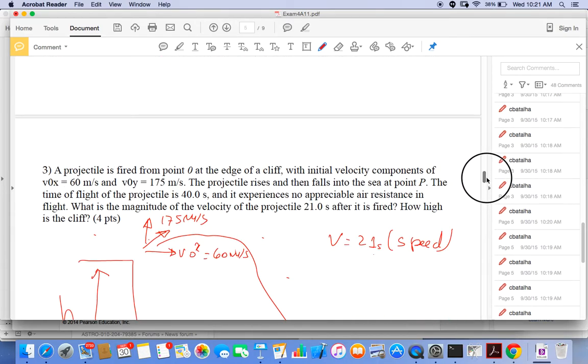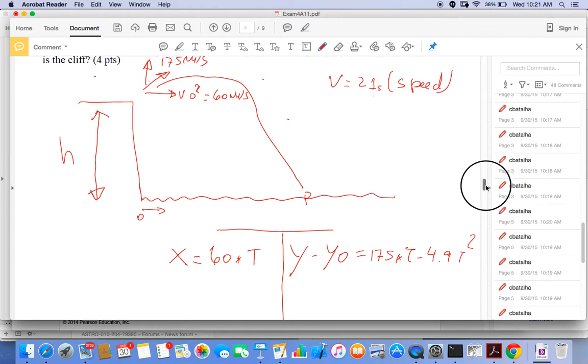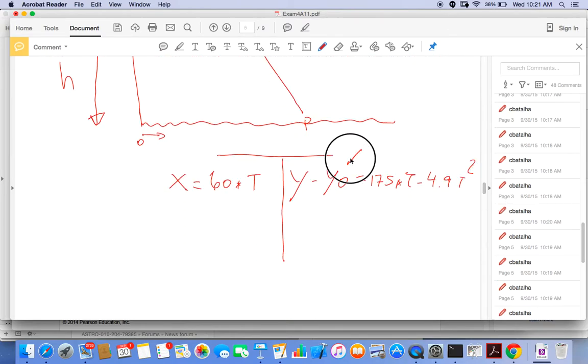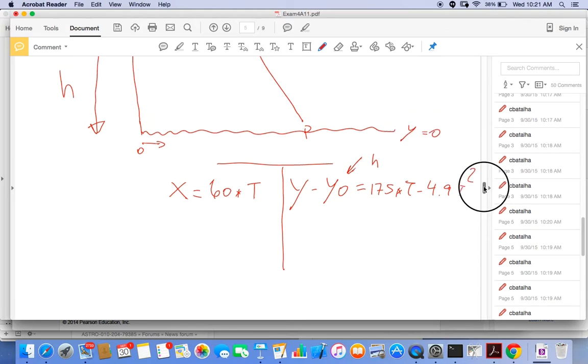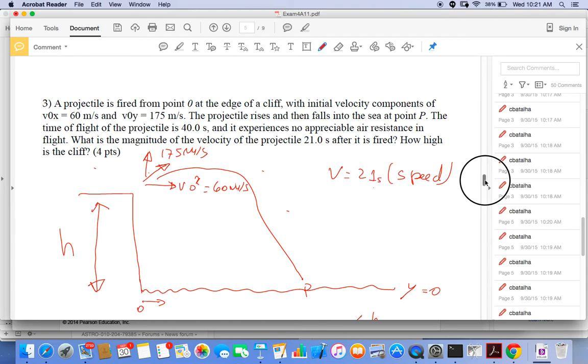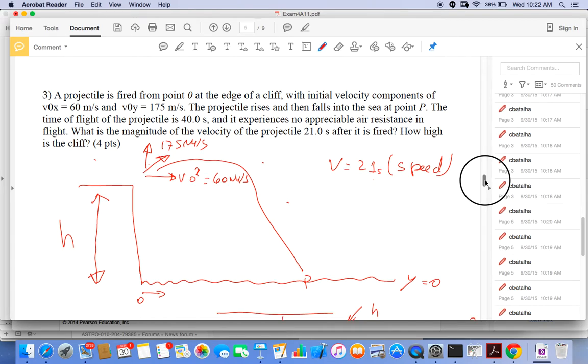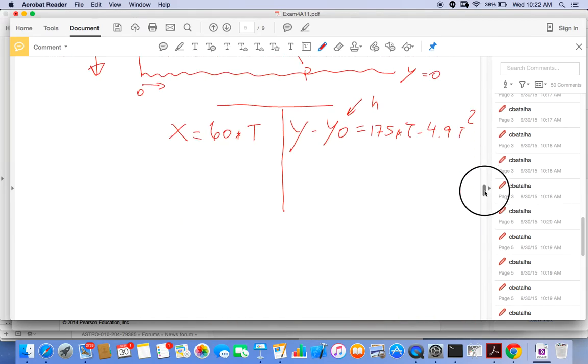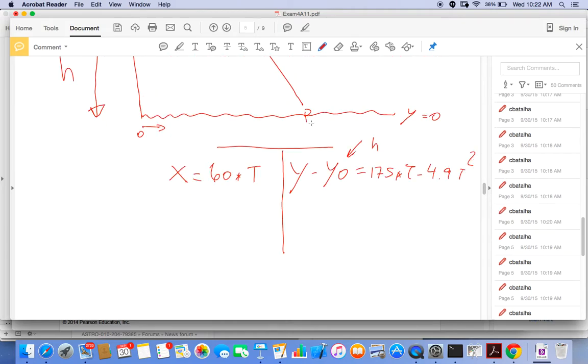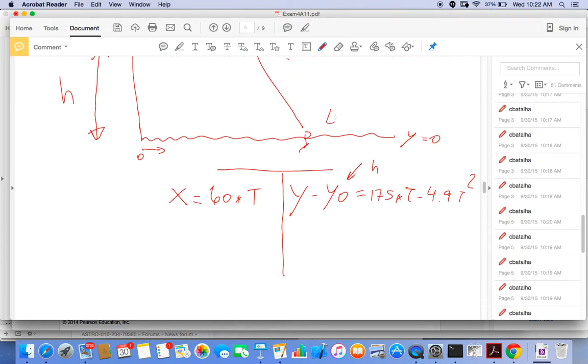Let's see what conditions I give. We want to find how high the cliff is, so we want to find y naught. So this is your y equals 0. And it is said the projectile reached the water 40 seconds later, right?